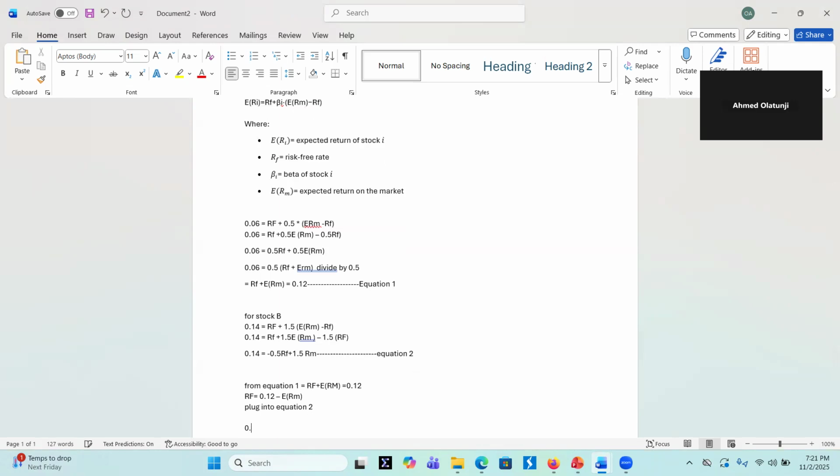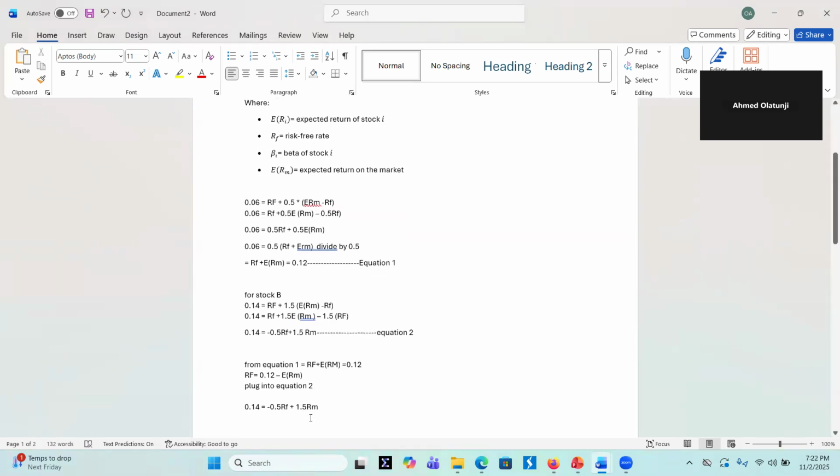And you already know equation 2 is 0.14 equal to minus 0.5 RF plus 1.5 RM. That's just what we call equation 2. So 0.14 equal to minus 0.5. So what is your RF?